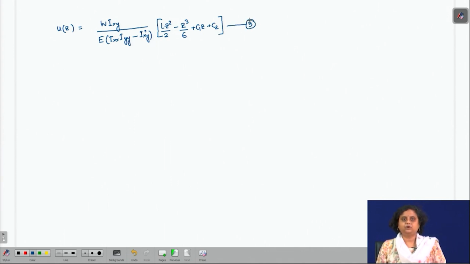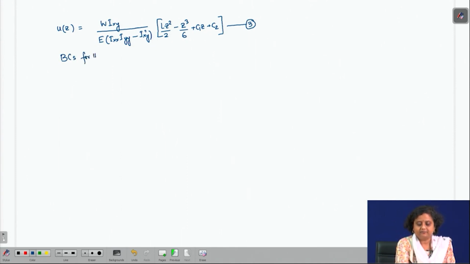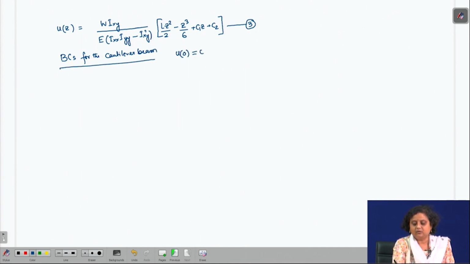Now, let us impose the boundary conditions. The boundary conditions for the cantilever beam are that u0 is going to be 0 because it is fixed at z equals 0, and u dash 0 is also going to be 0. So, at z equals 0, these two are going to be 0.